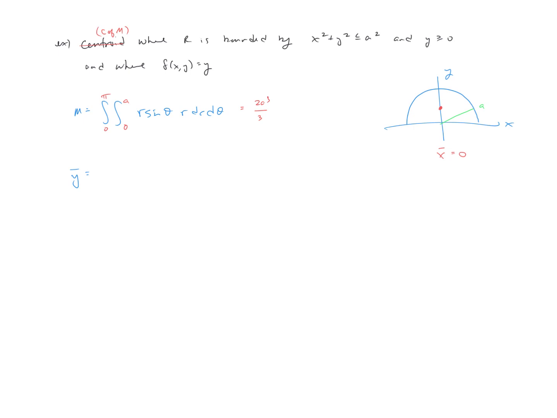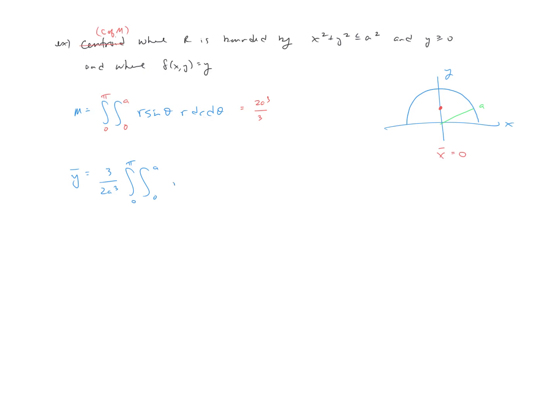So then for y bar, as we start, we'll flip that. That'll be a 3 over 2a cubed. Remember, the bounds will always stay the same. Oops, that's a 0. And then for y bar, we would need to start with a y, followed by the density function, followed by the dA, which is r dr d theta.